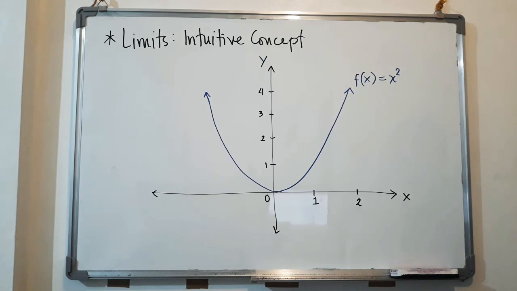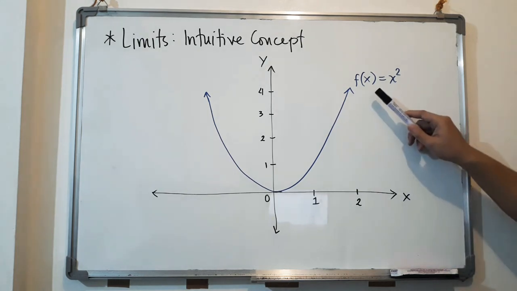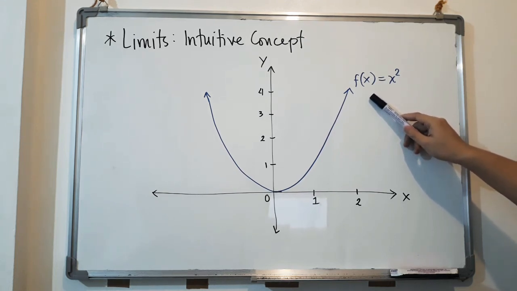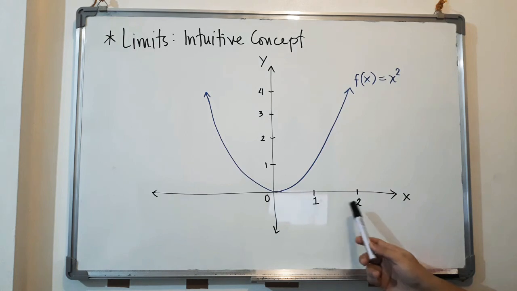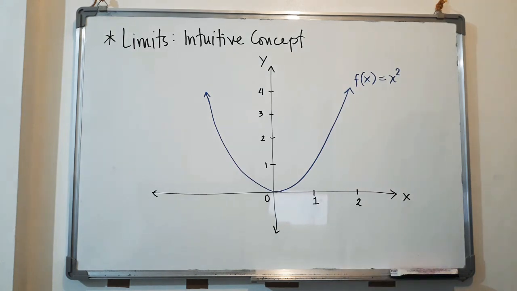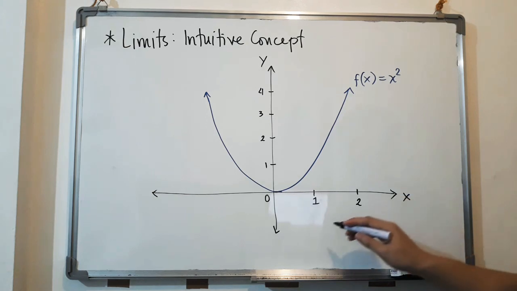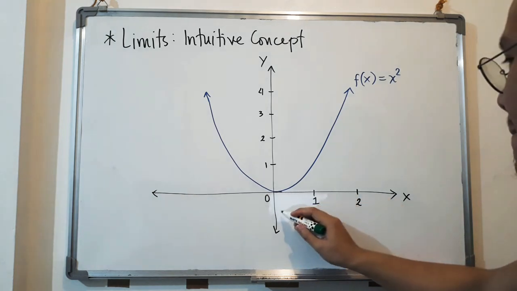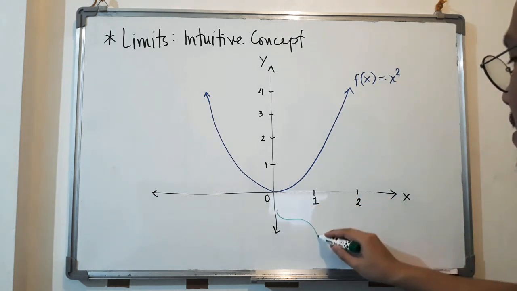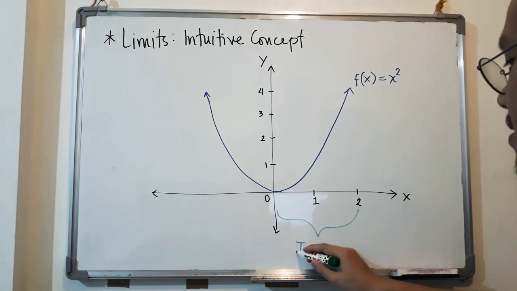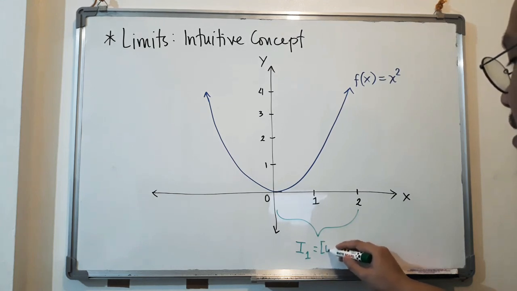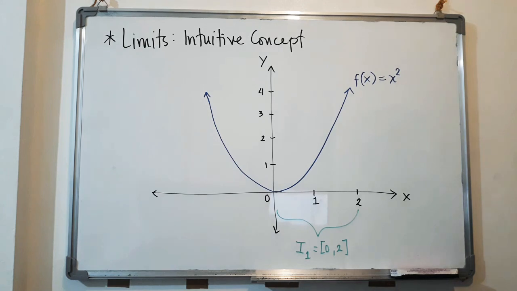Okay, so consider this function f of x equals x squared, and we shall define this function on the interval 0 to 2. Say we label our interval as I sub 1, which is a closed interval from 0 to positive 2.